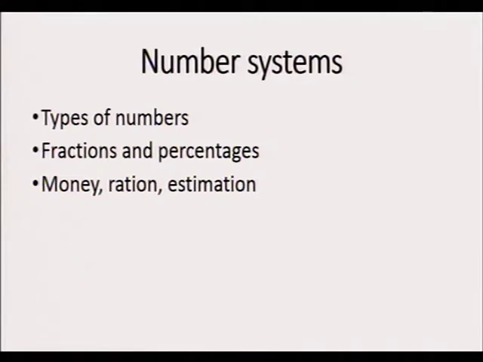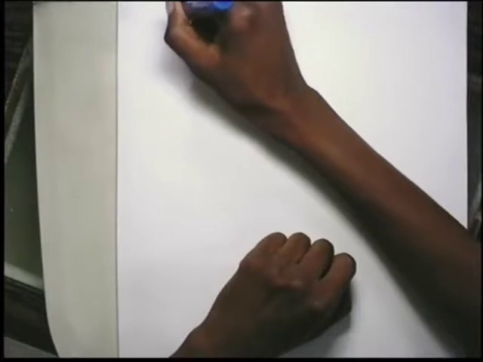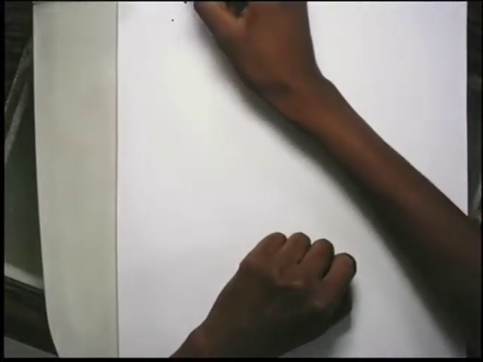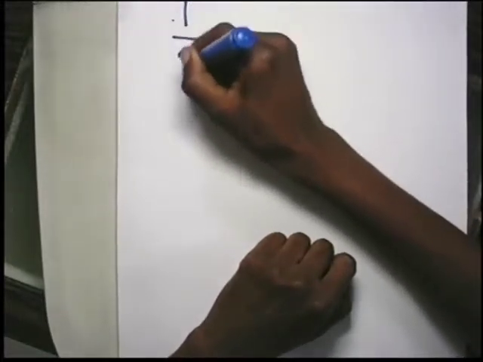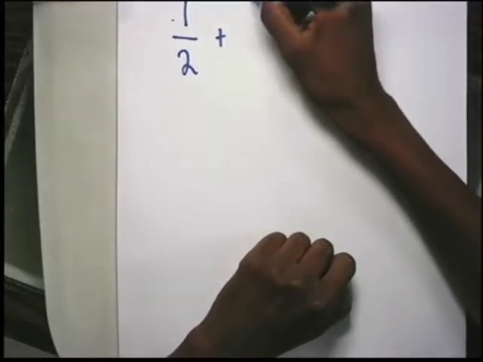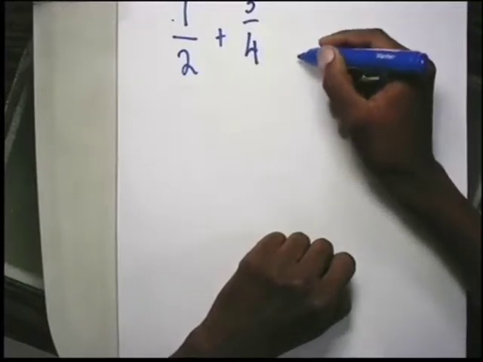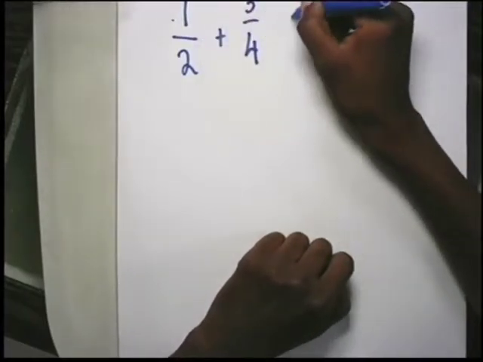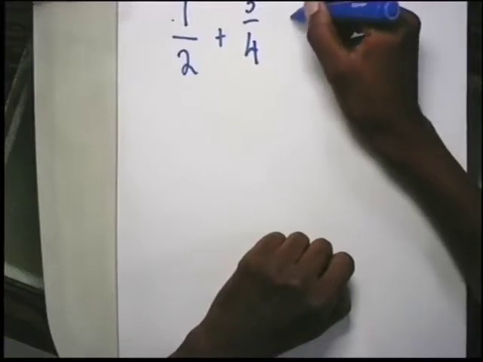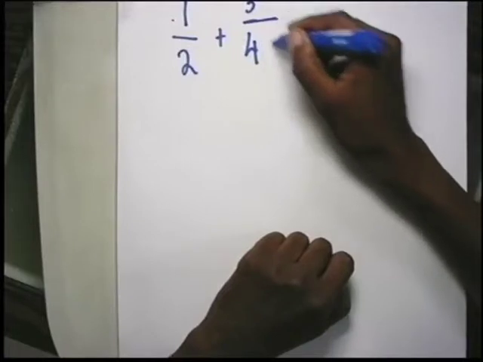For example, if you have to add fractions, let me say we have an example of 1 over 2 plus 3 over 4. So you should be able to solve this without using a calculator. So this method is to make the denominators the same.